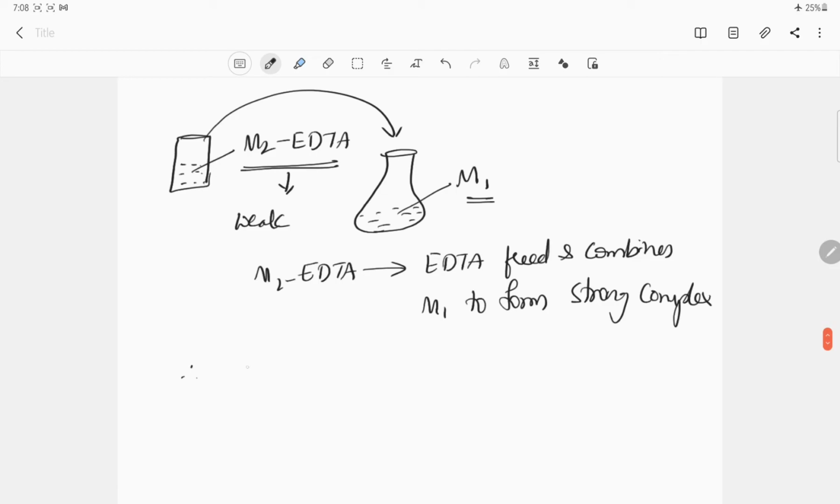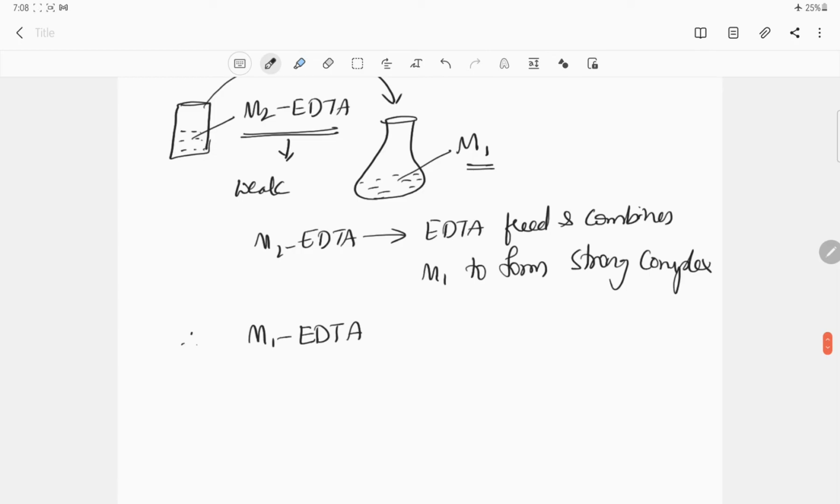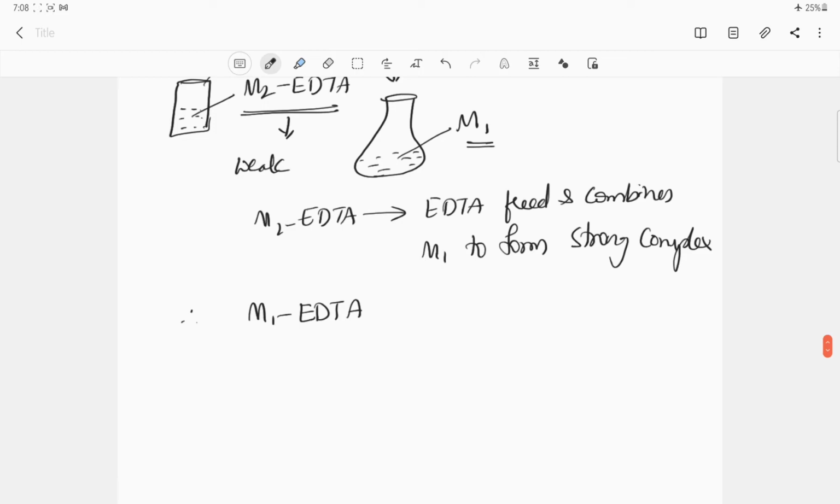Therefore, it results in M1 EDTA. Like this, the replacement will happen.